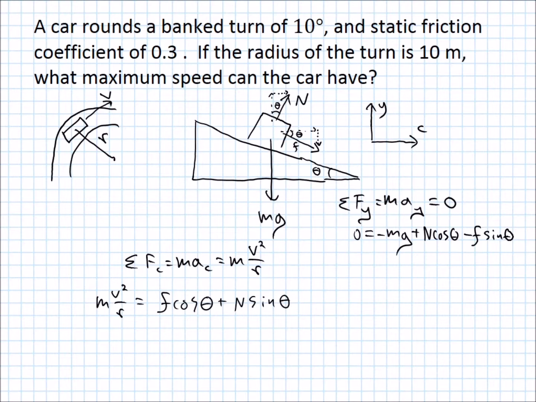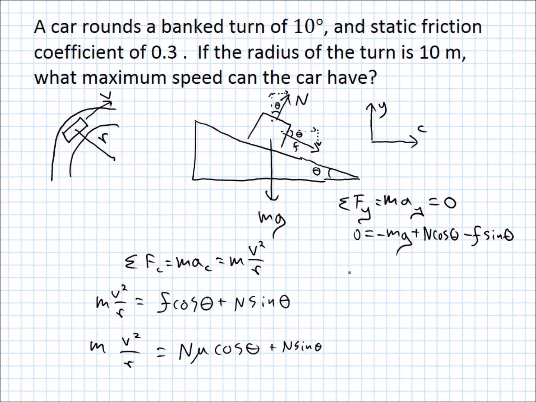Alright, now recall that friction is defined as normal force times the coefficient, so let's go ahead and substitute that in. mv squared over r is equal to normal force times mu cosine of theta plus n sine of theta.